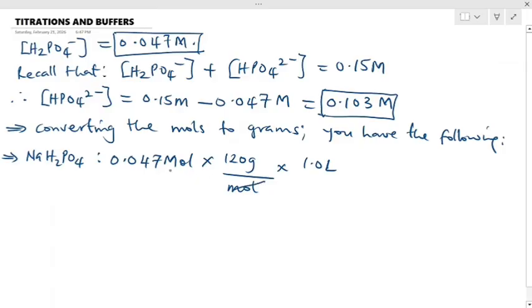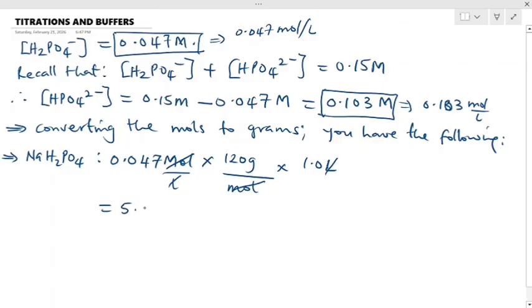So moles cancel moles right here, and liter cancels liter, because this molar actually implies 0.047 moles per liter. That also is applicable here as 0.103 moles per liter.